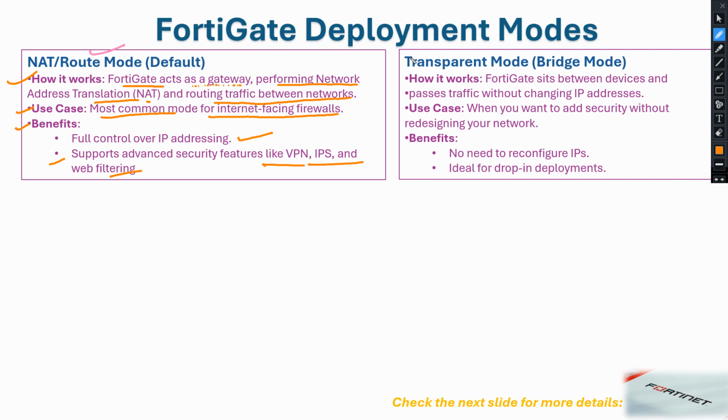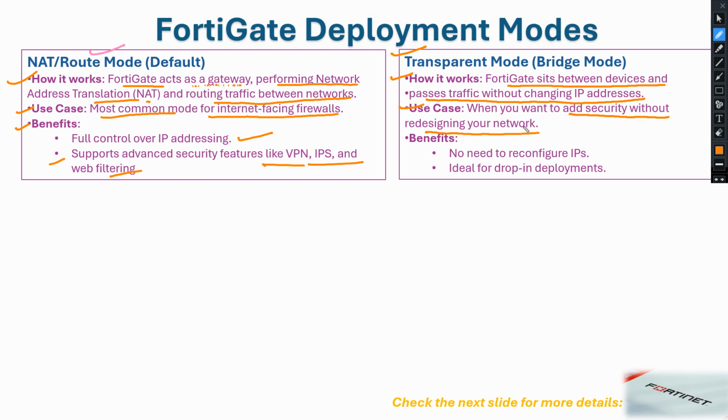If you see any firewall in the transparent mode, you must know that the firewall sits between the devices and passes the traffic without changing the IP addresses. The use case would be when you want to add security without redesigning your network. You don't want to change your network, you don't want to change IP addresses.